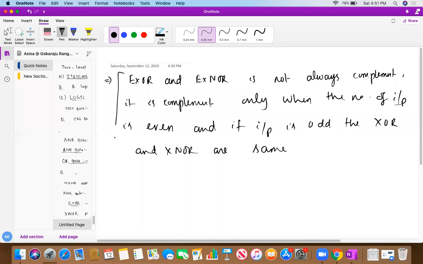Very important point, students. Take A XOR B XOR C. The number of inputs here is 3, which is odd.